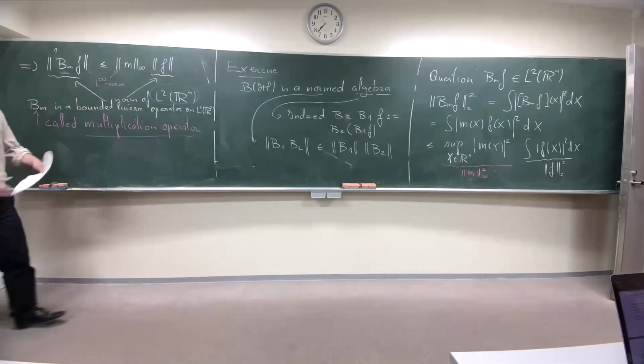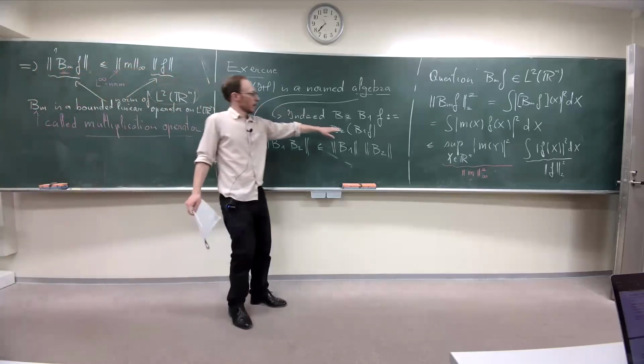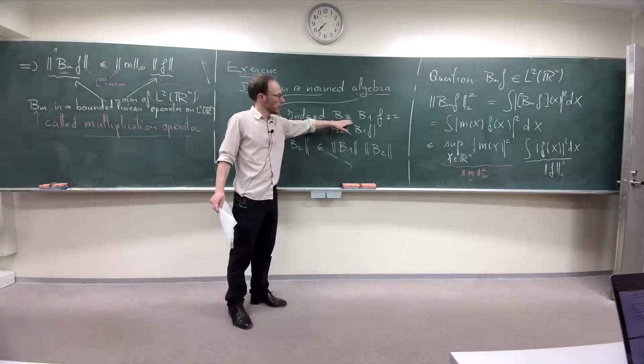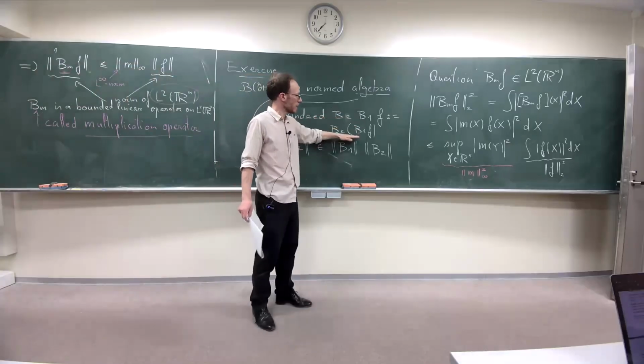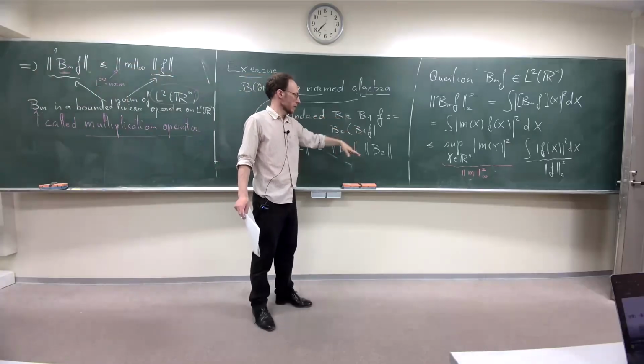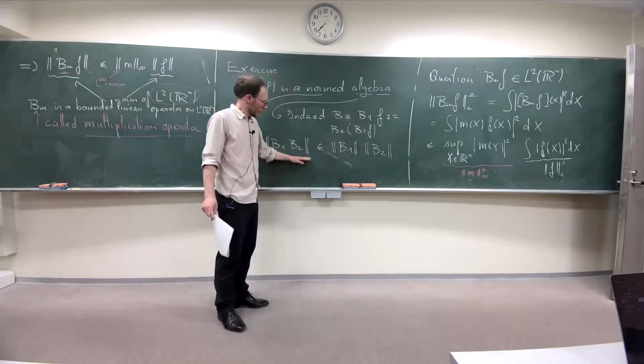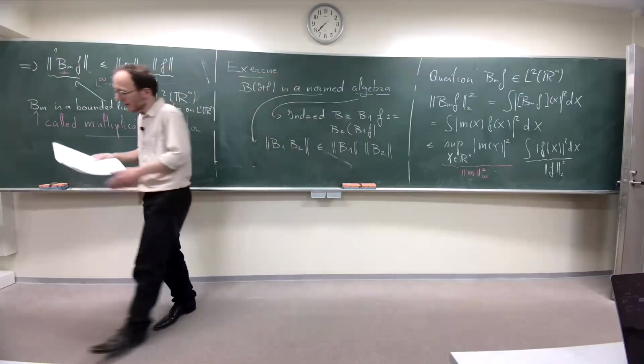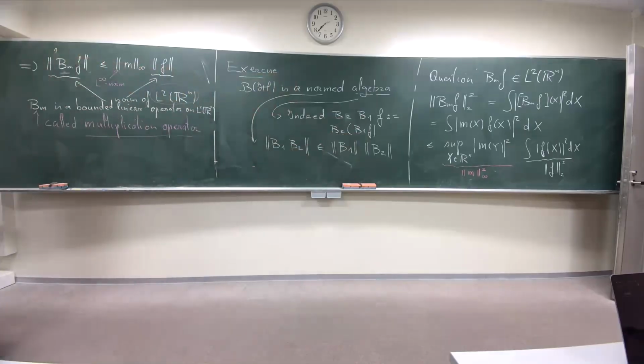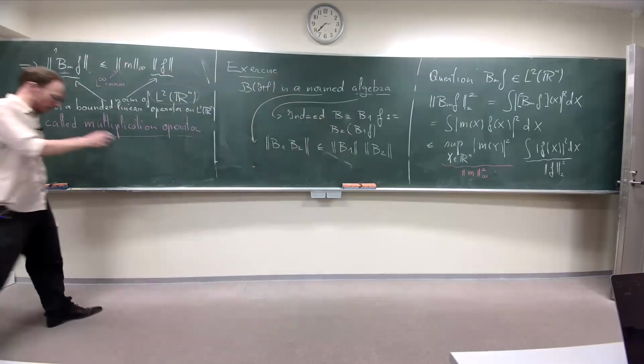So you have this product for bounded linear operators, and you need to check that it is again linear, but it's quite simple, and you need to check this inequality from the definition of the norm. So this one is easy.